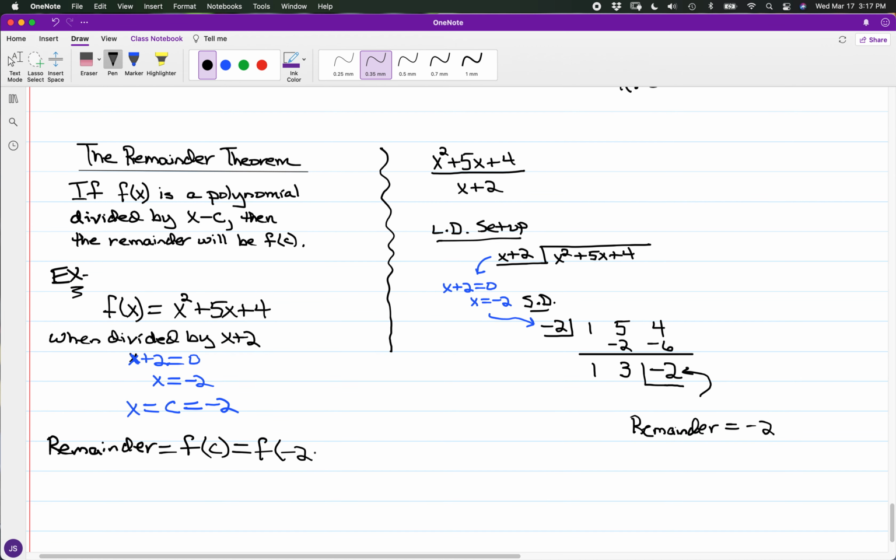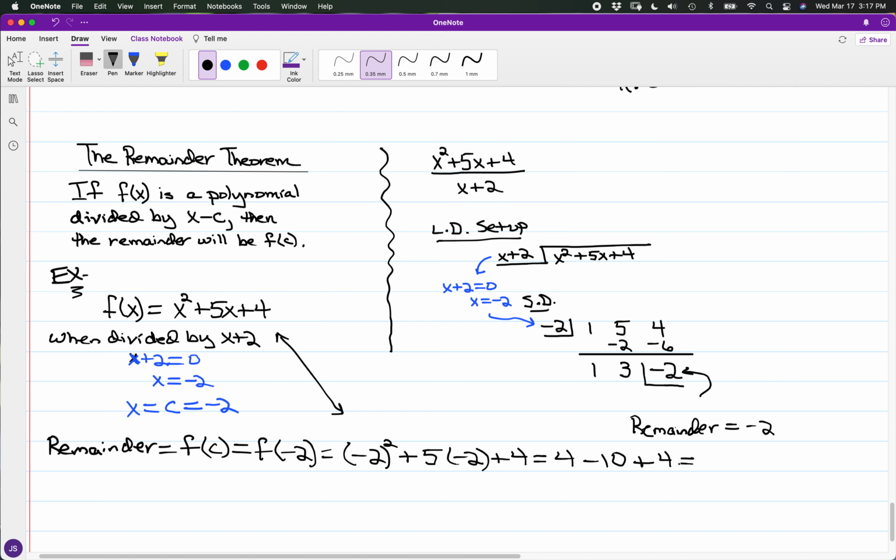And what is going to be f of negative 2? Well, we go back to the original function. So you have negative 2 squared plus 5 times negative 2 plus 4. And we're just about there. Negative 2 squared is 4. 5 times negative 2 is negative 10 plus 4.